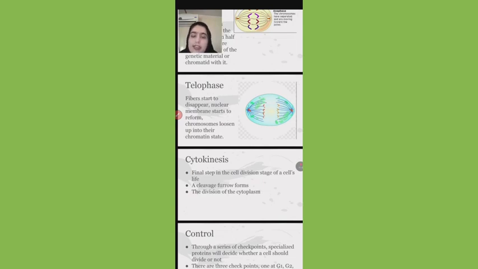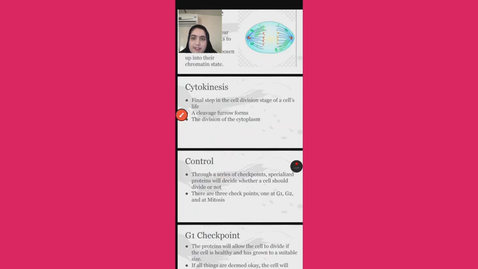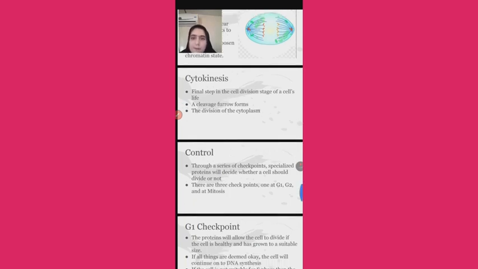Okay, so the next slide is about cytokinesis, the final step in the cell division stage of cell life. Cleavage forms the division of the cytoplasm.